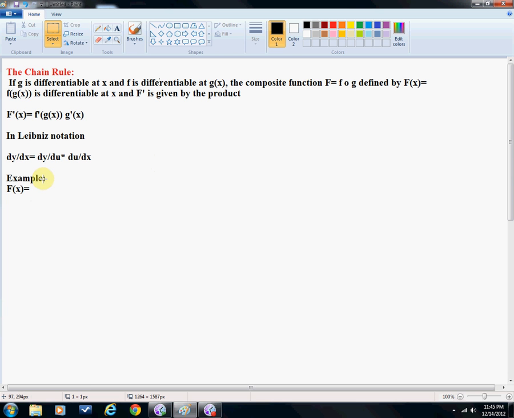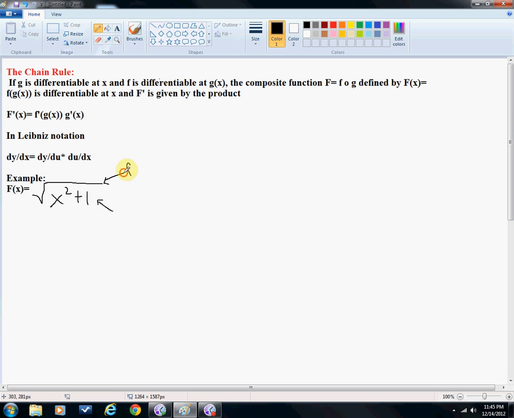But instead of explaining it and making it more confusing, I'll just give you an example. So let's take capital F of x equals the square root of x squared plus 1. Now, the radical indicates a function, and the inside is the other function.